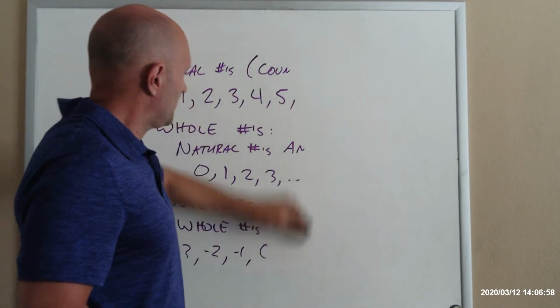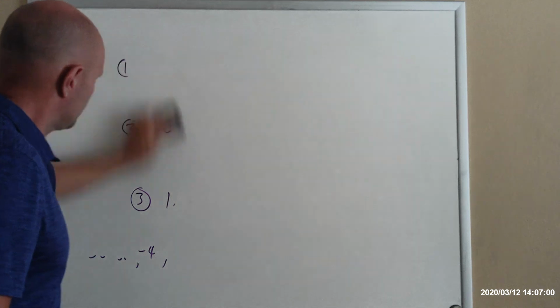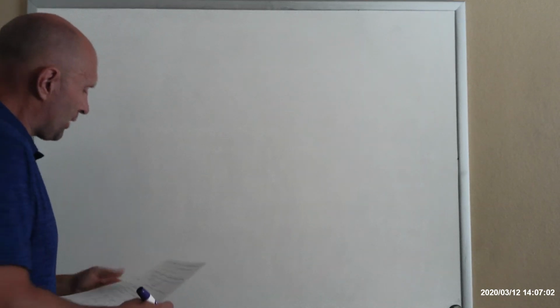A special type of number that we have is what's known as a prime number.